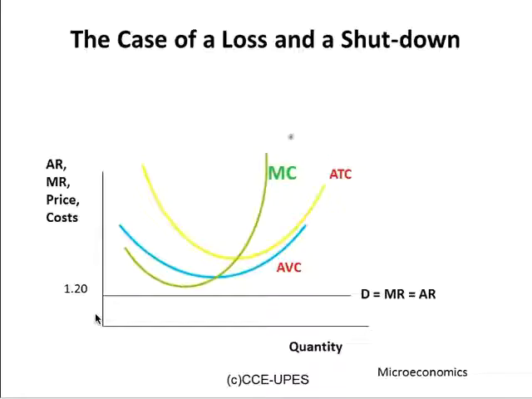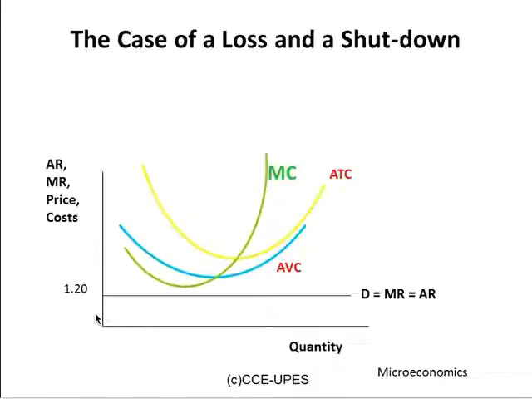Now, shutdown is the point where he has decided that by not producing anything, he is incurring the least losses. That means he is incurring a loss which is the fixed investment of his, which he cannot change in the short run.